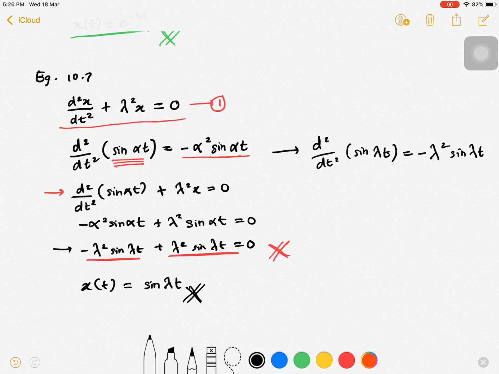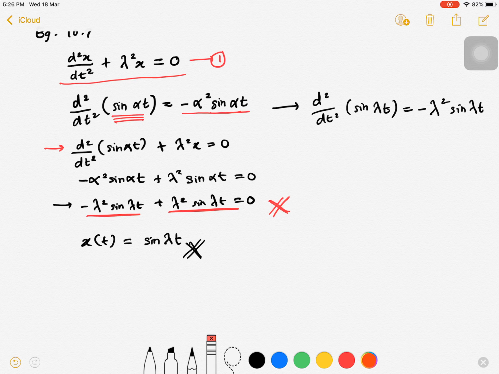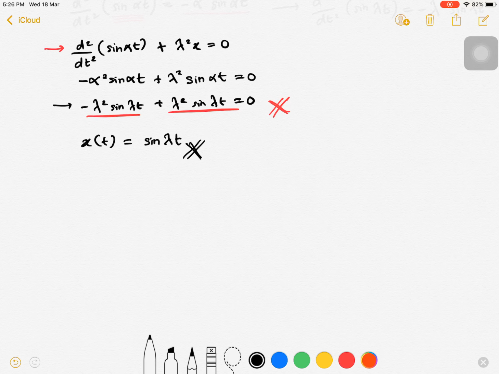Alright, so now we can go to the next subtopic, which is we can have a different type of problem, which is general and particular solution.